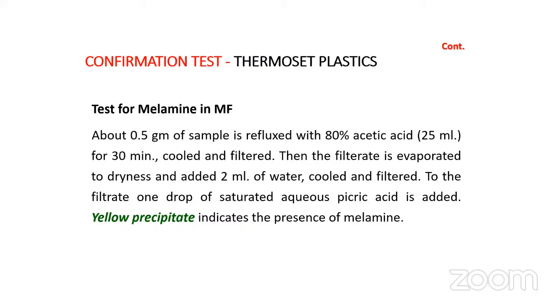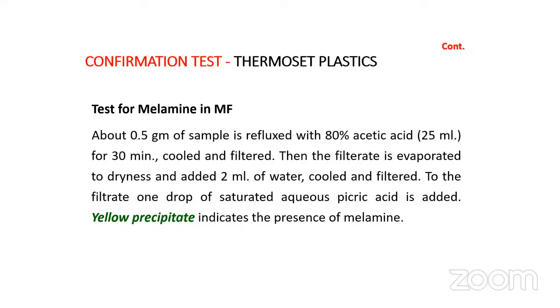One is the test for melamine formaldehyde resin, in amino resins. If you remember the lecture, I took a lecture on amino resins or aminoplastics. Do you remember that? We have conducted one lecture on aminoplastics.